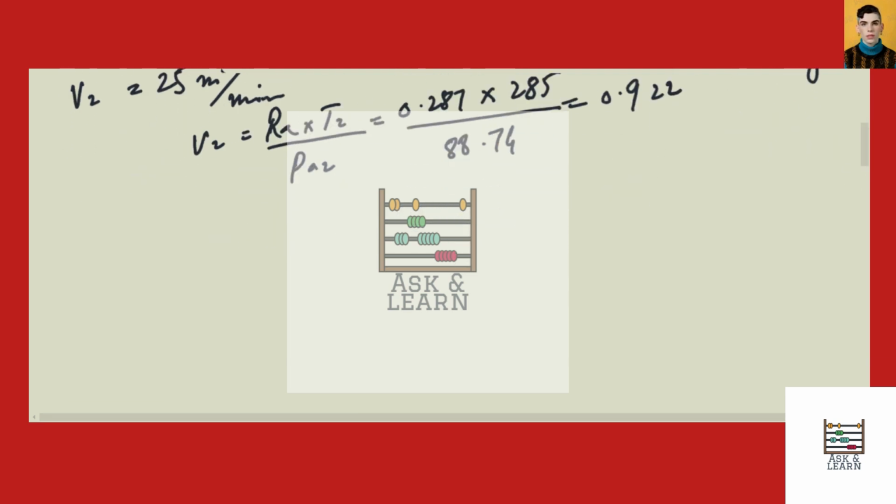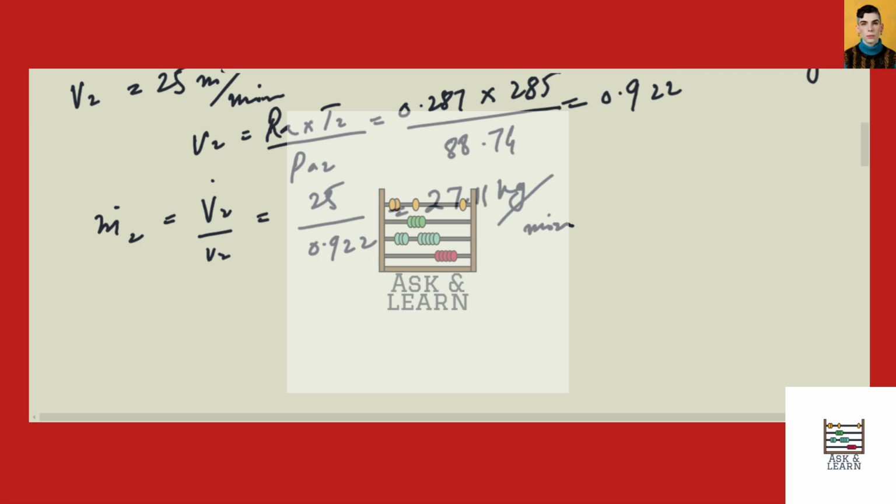So we've got the formula M2 is equal to V2 divided by small v2, is equal to 25 divided by 0.922, is equal to 27.11 kg per minute.